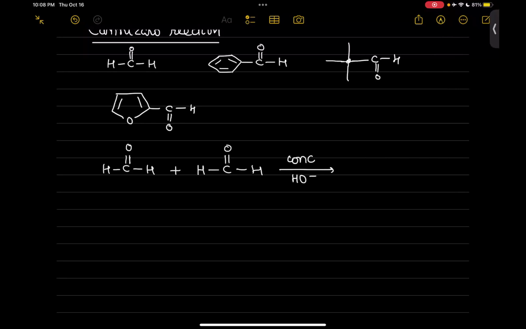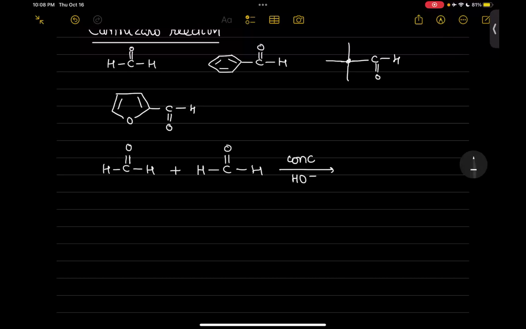So one of the molecules is reduced to alcohol, yes, and another will get carboxylic acid, oxidized. Okay. So it is a redox reaction, disproportionation.